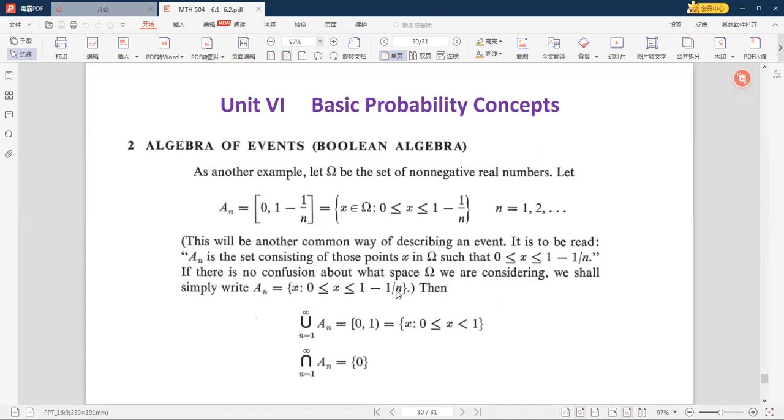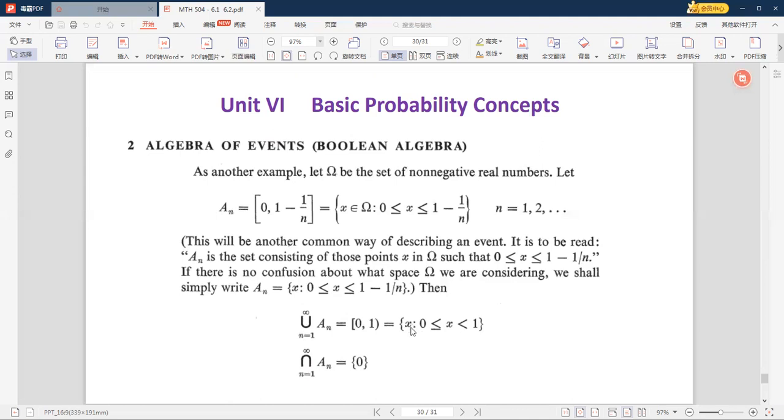When n is really, really large, then this right hand side will be really, really close to 1, but never be 1. So it can approach 1 as much as it can. That means this right hand side has the limit of 1, but is not equal to 1. So all of the A_n are inside that. Okay, so if you take a union of those, then you're going to get the interval from 0 to 1, including 0 but not including 1, right?